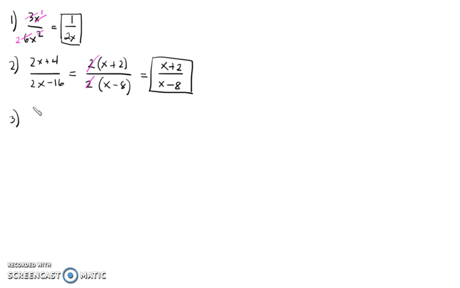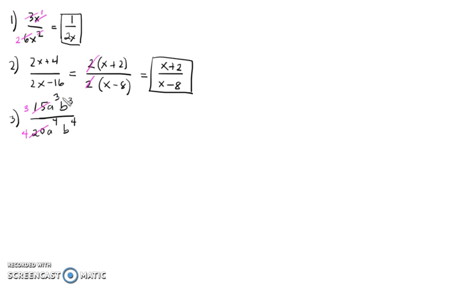Okay, for number 3, we have 15a cubed b cubed all over 20a to the 4th b to the 4th. So again we need to get the GCF. 15 divided by 5, we'll have 3. 20 divided by 5, you have 4.